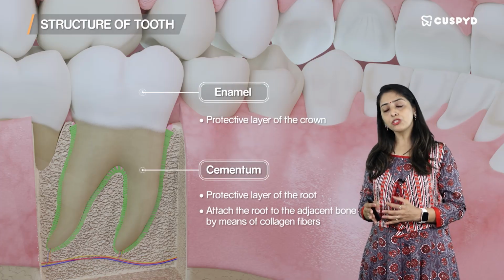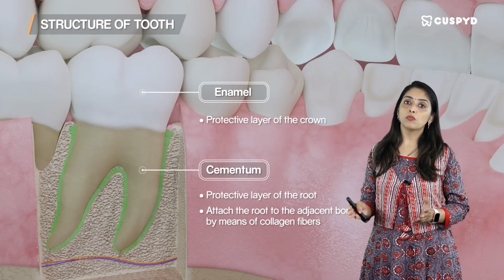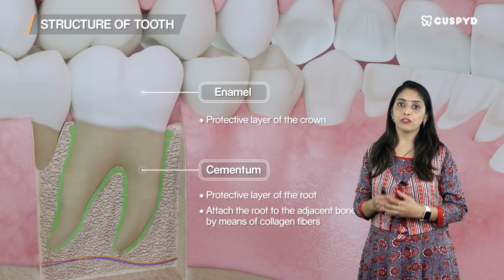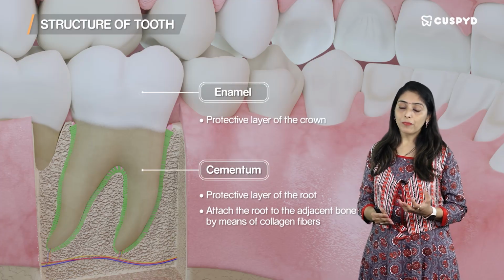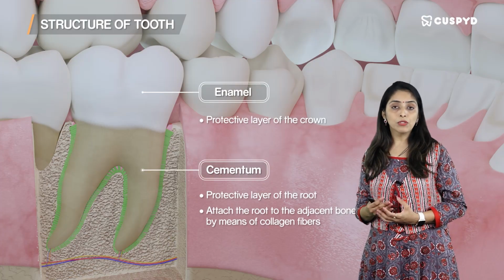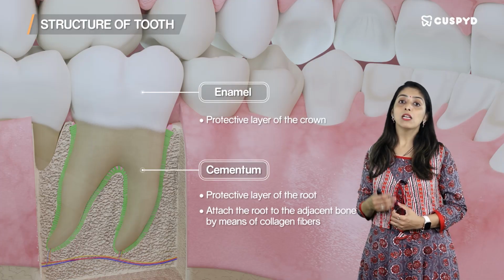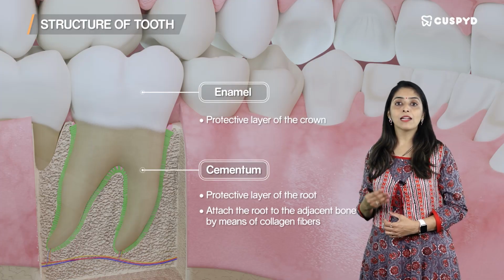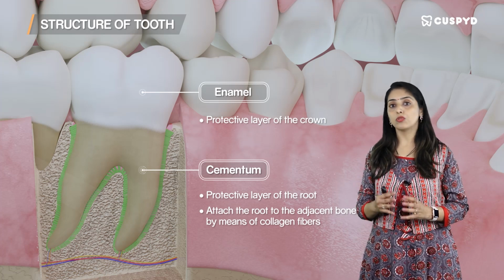So the primary function of cementum is to attach the root to the adjacent bone by means of collagen fibers. Cementum you can compare with a building. Like a building has a foundation which helps attach the house firmly to the ground, similarly, cementum acts as an attaching medium which helps firmly bind a tooth to the bone.